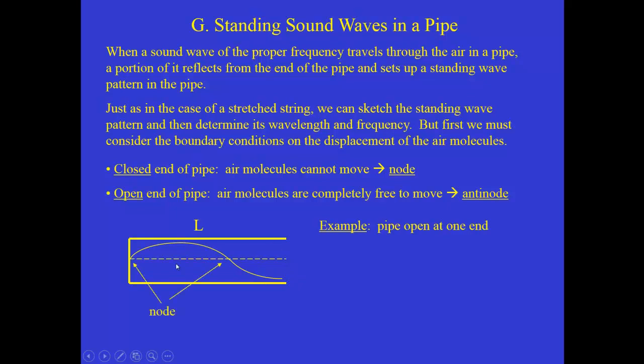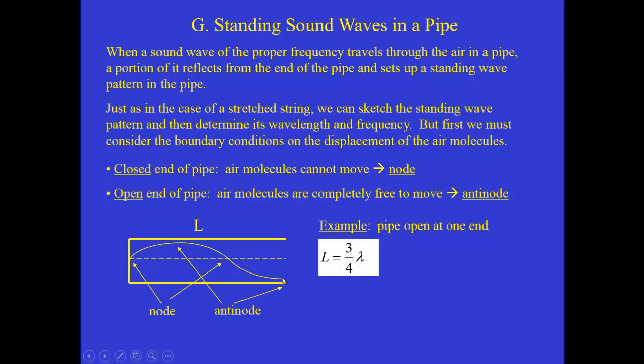So here you'll see a node at the end, like I said, another node at the point indicated by the arrow, and then at the open end you'd have an antinode, and of course another antinode over here inside the pipe. So this is just a simple case where we now could figure out the wavelength of this particular standing wave by realizing that the length is equal to 3/4 of a complete wavelength.